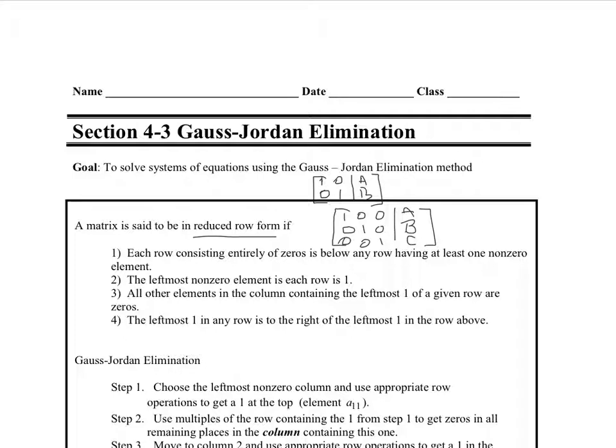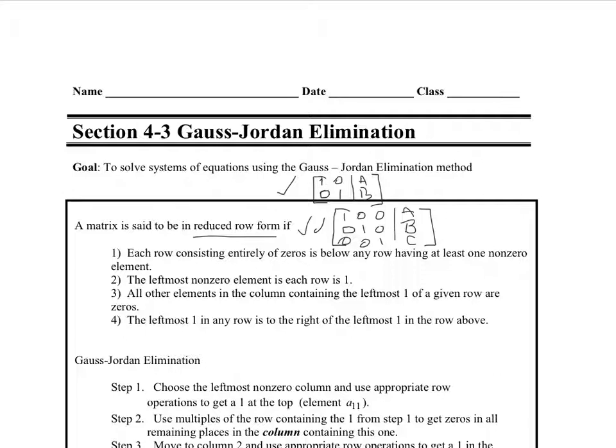We would say to the left of the vertical line, our matrix is a square matrix. In other words, if you look at the first one we did, we would have 2 rows and 2 columns to the left of the vertical line. If you look at the second one, we would have 3 rows and 3 columns, the same number of rows and columns to the left of that vertical line.